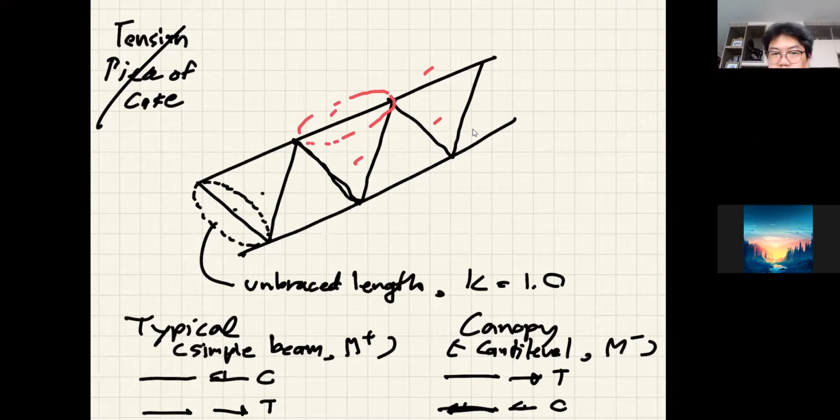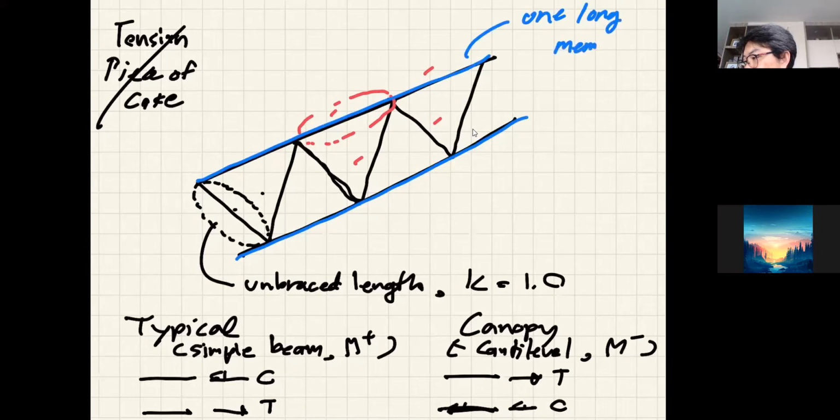But in the real world, we always construct the truss so that generally this is one long member. Okay? And you guys ready?